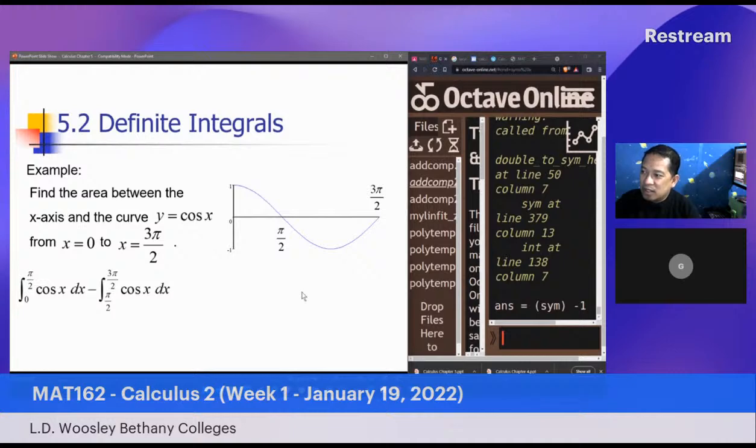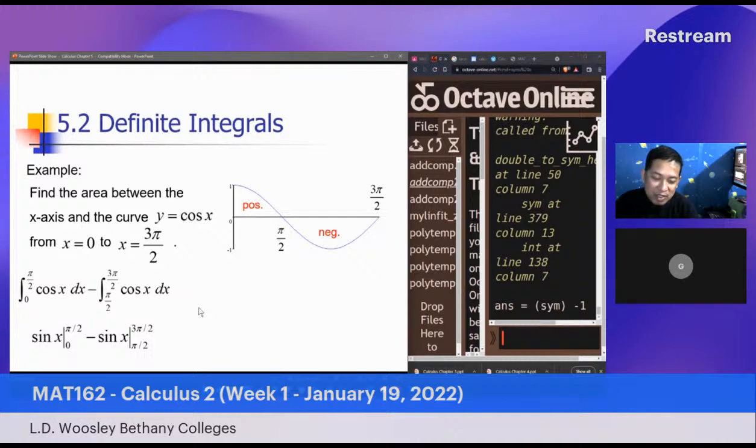Alright, so meron pa siyang ginawang strategy dito. Kasi positive nga naman yung 0 to pi over 2, sinubtract niya ngayon. Mukhang mali tayo ah. Tingnan natin. O positive, negative, di ba? Oh, tama, negative ang lalabas, no? Meron pa siyang ganoong interval.